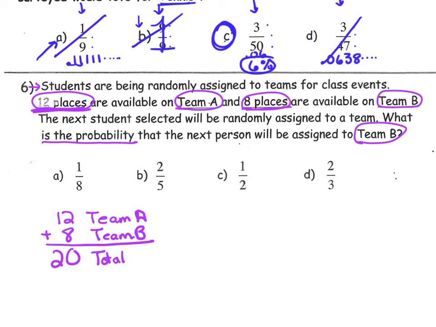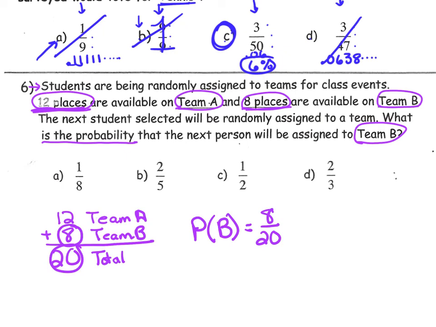So the question is, what's the probability of being assigned to Team B? Well, we have an 8 out of 20 chance of that occurring. 8 is less than half of 20. 10/20 would be 50%, so this is less than that.